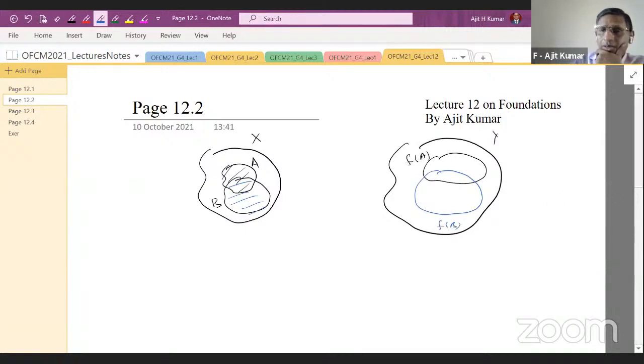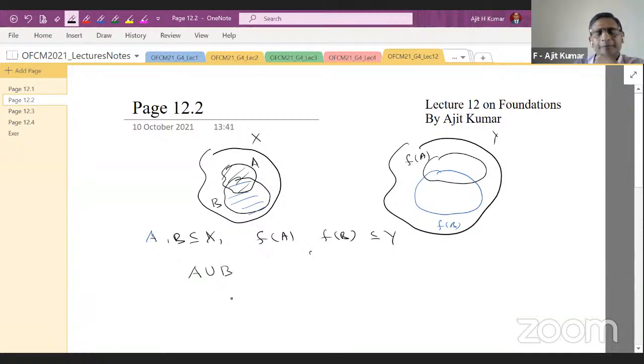Okay, right. So we want to understand what happens if you take union, intersection, right? What is it that we are assuming? A and B are subsets of X. Look at f of A, look at f of B. These are subsets of Y. Now, on this set X, I can take union, A union B. That's again a subset of X. And then I can take its image.